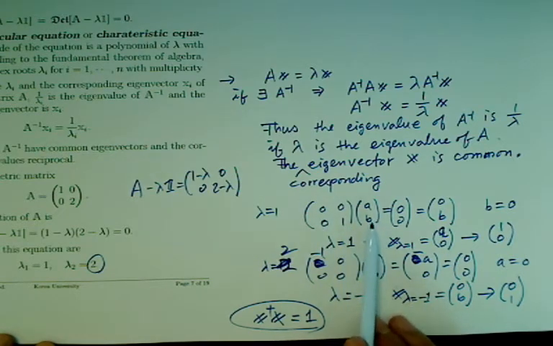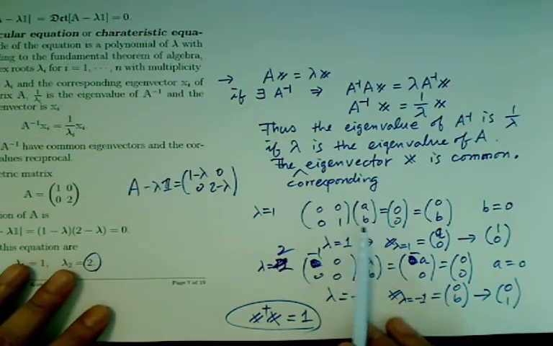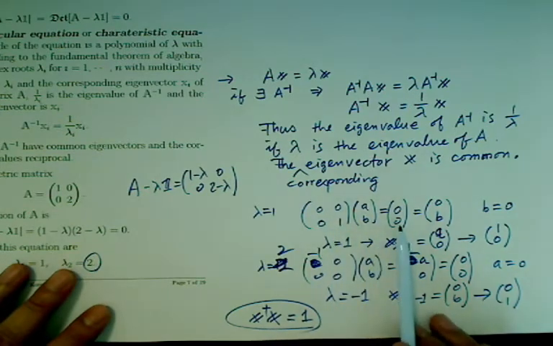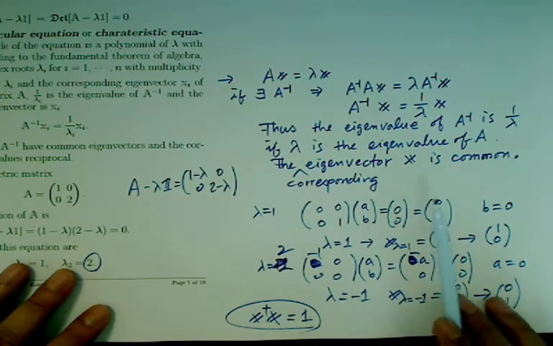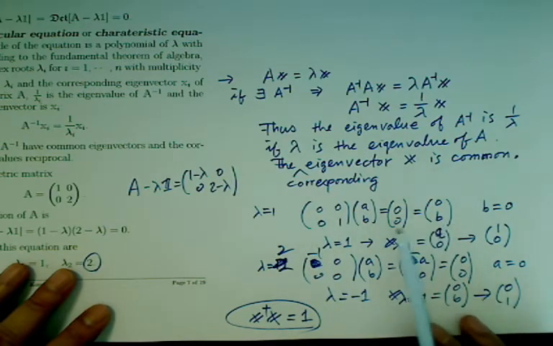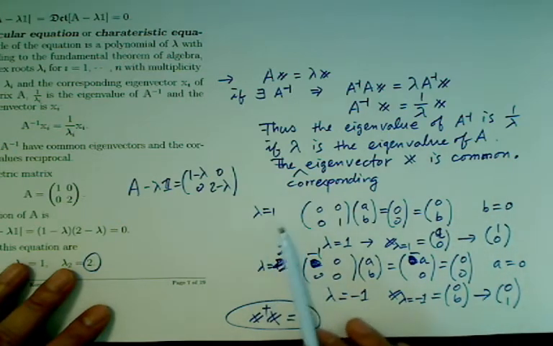Suppose that the column vector (a, b) is the eigenvector. Multiply here, and you will find that the result is (0, b). Therefore, b must be 0 for this eigenvalue. In general, for lambda equals 1 the eigenvector is of the form (a, 0).